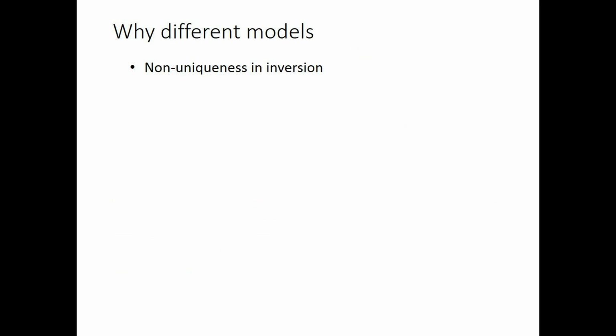So why different models? Well, of course, the first reason, we're doing inversions. There's non-uniqueness in the inversion. There might be a unified model, but we couldn't find it just because they have different sensitivity in different systems. The second reason, there might be system-specific errors or bias.